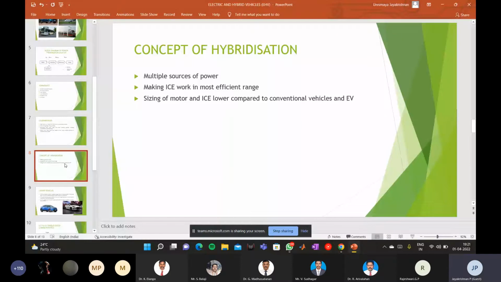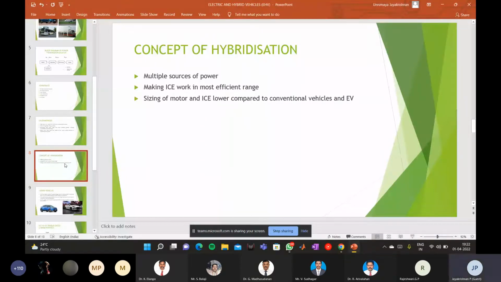Hybridization means there are multiple sources of power: the EV electric power, and also some other powers come together to run the vehicle. That makes the ICE work more efficiently, and the sizing of the motor and ICE is lower compared to the conventional. If we use a hybrid type of vehicle, the sizing of the motor and IC engine combined is less than the conventional, and also EV.